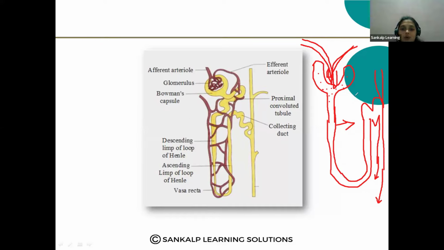The only thing you have to learn is how the filtration and absorption take place in the tubular part of the nephron, and this remaining nitrogenous waste product enters into the collecting duct. This collecting duct opens to the ureter.